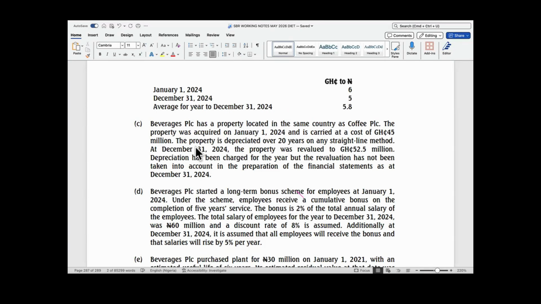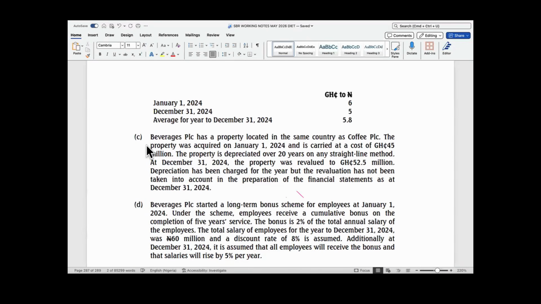The property is depreciated over 20 years on a straight line basis. At December 2024, the property was revalued to 52.5 Ghana cedis. Depreciation has been charged for the year, but the revaluation has not been taken into account in the preparation of the financial statements as at December 31st, 2024.